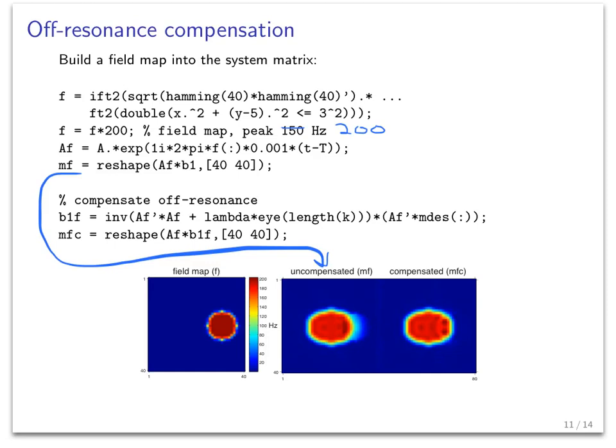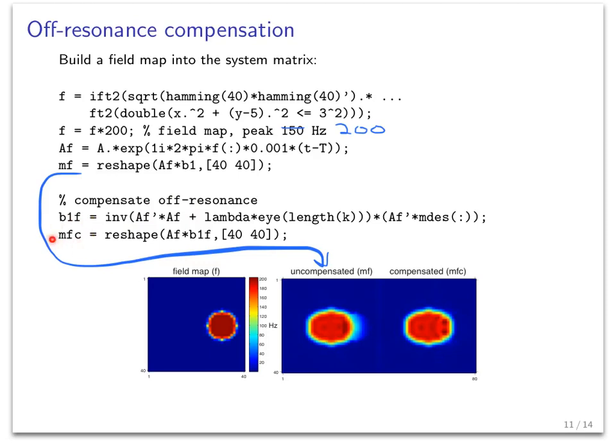If we design the pulse, instead of using the A matrix, using the AF matrix, essentially what we're doing is adding knowledge of the field map into the system matrix. So we're including that in our forward model, and then we solve the exact same problem as before for the B1 vector. Here we're solving it using AF instead of A, and that's it. That's the only difference.